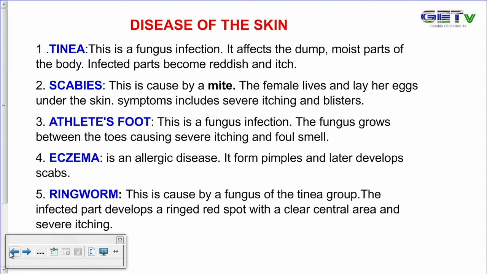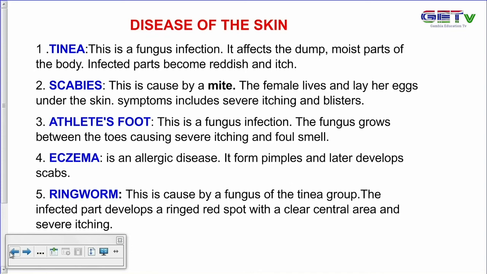Another one is called eczema. Eczema is a disease as a result of what? We are allergic. That's why we have eczema. So one thing you need to do when you have this is to look at the things that you are allergic to, so that you will not have this type of disease.